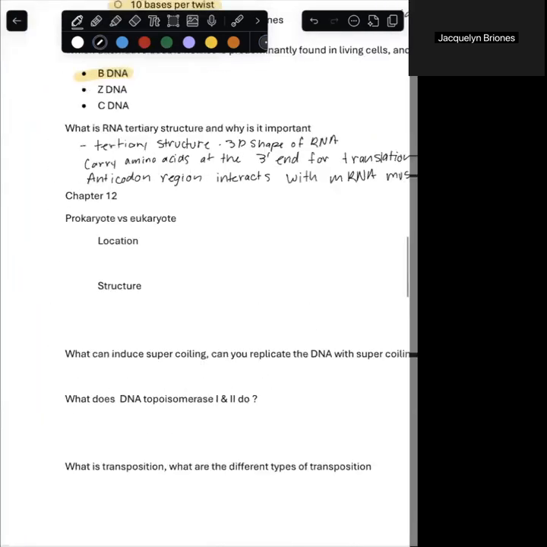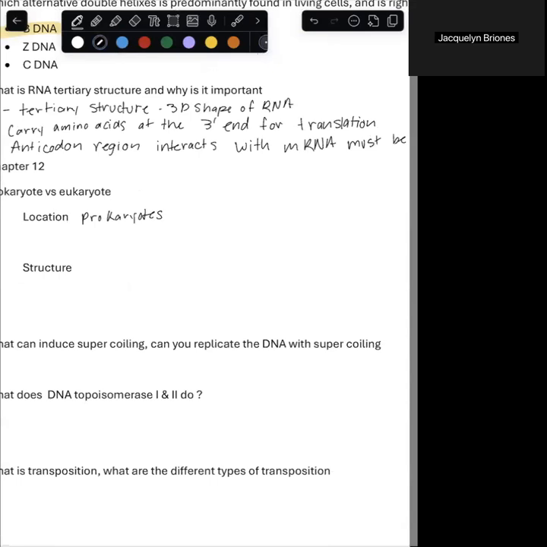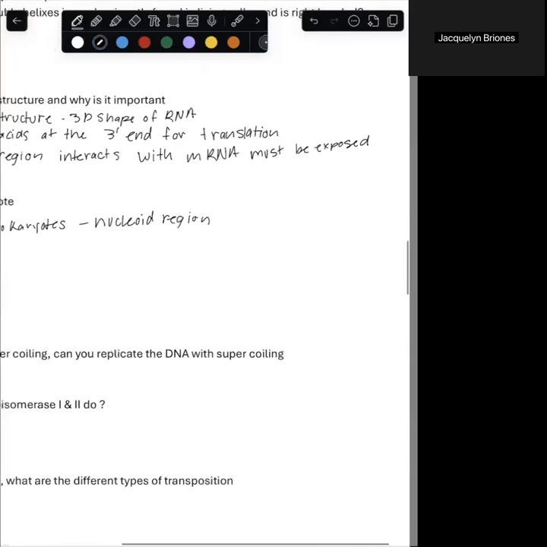Chapter 12, Prokaryote versus Eukaryote location and structure. So prokaryotes have a nucleoid region and it is in direct contact with the cytoplasm.